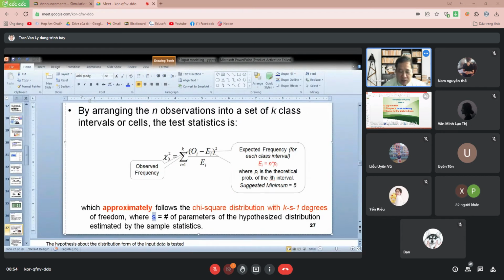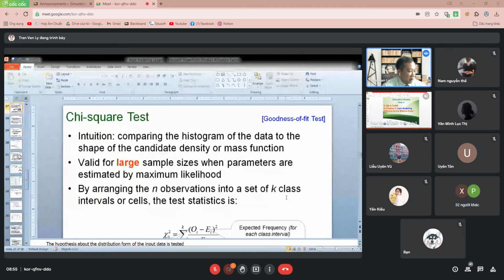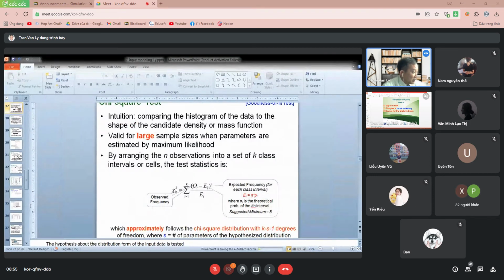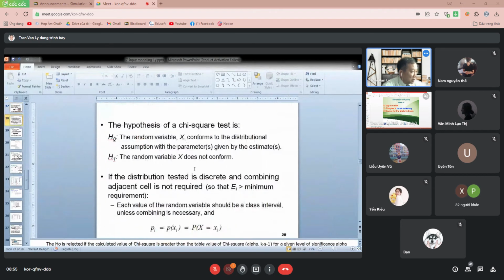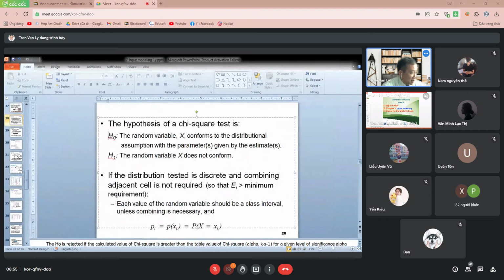Okay. So, K, you know the K, right? K class. So you look in the table. So, what else? Next, we go to the chi-square test. Here, the null hypothesis is that it conforms to the assumptions of the distribution.